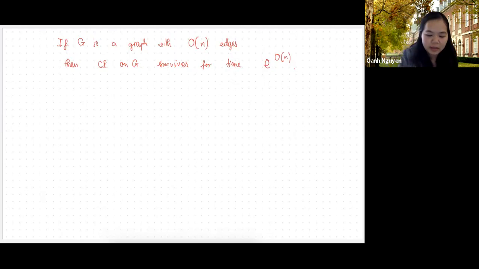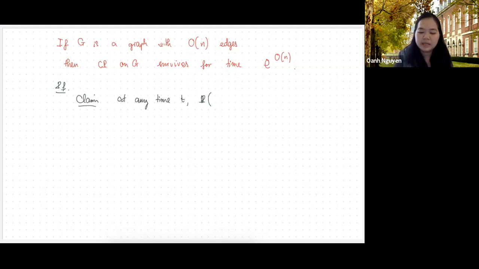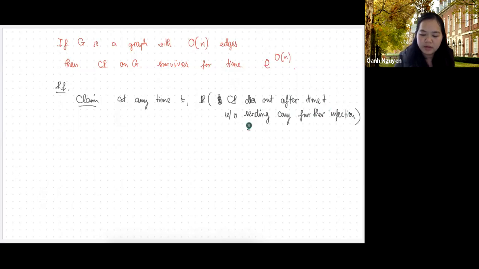And the proof is that at any time t, the probability that the contact process dies out after time t, without sending any further infection, is greater than e to the minus cn for some constant c.